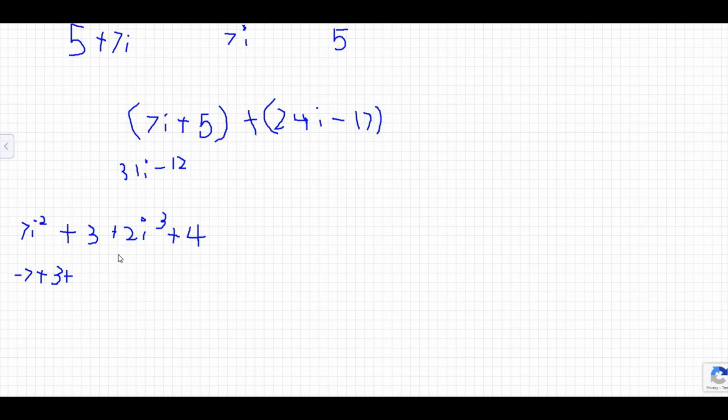So 2i cubed would be negative 2i. And now plus 4. And now we can add like terms. 3 plus 4 is 7, minus 7 is nothing, and then just left with negative 2i.